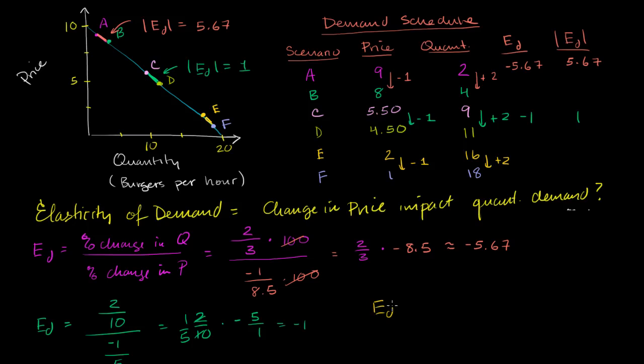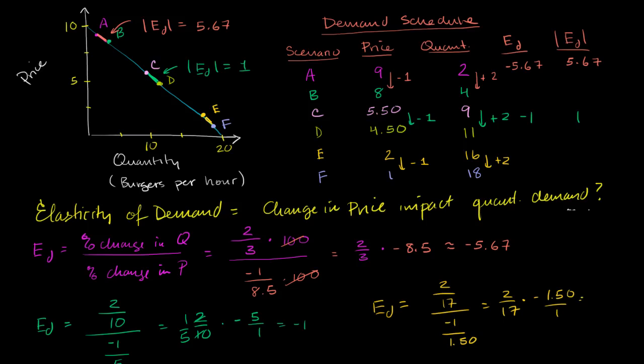And our elasticity of demand, change in quantity, 2 over average quantity, which is 17. Change in price is -1 over average price. 1 plus 2 divided by 2 is $1.50, or $1.50 is right in between these two. Divided by $1.50. We don't have to multiply the numerator and the denominator by 100 because those just cancel out. So we get 2 over 17 times, well, we could just write this as -$1.50 over 1.